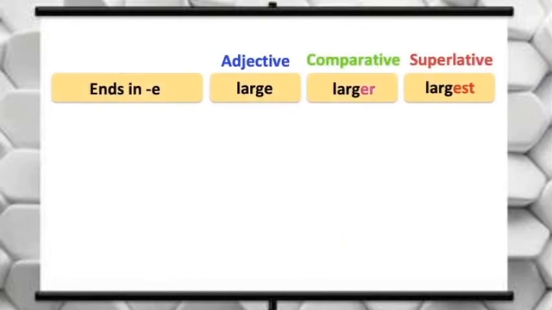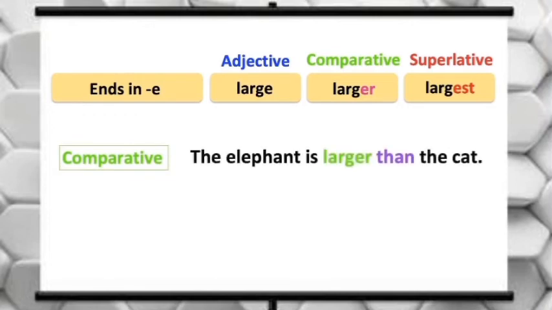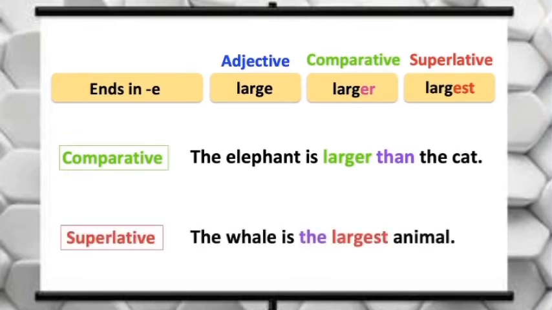For one-syllable adjectives ending with the letter E, we remove the letter E and add the endings ER or EST. For example, the elephant is larger than the cat. The whale is the largest animal.